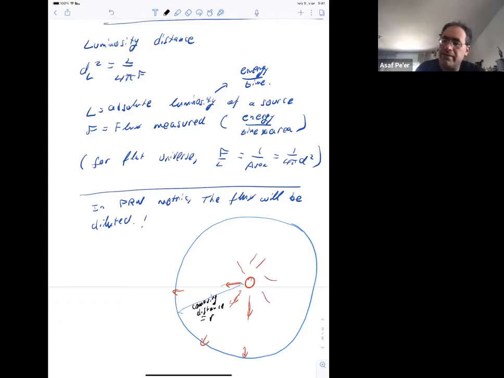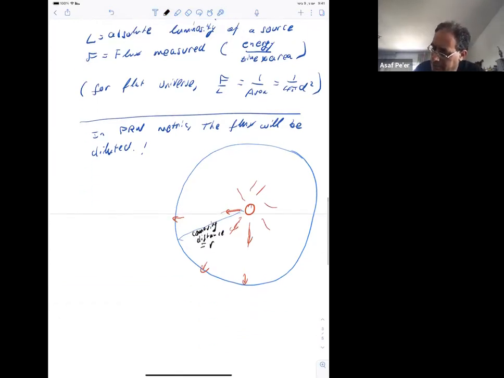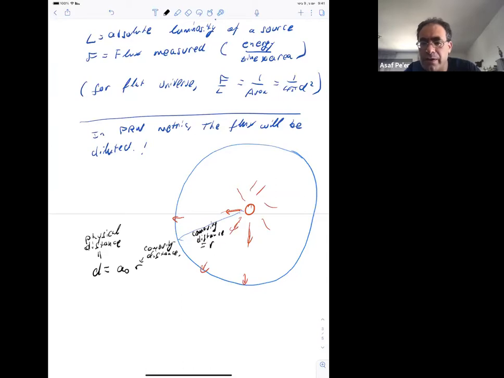Then the physical distance of the sphere is a0 r. And of course, a0 is the scale factor of the photons when they are observed, which is now, right?